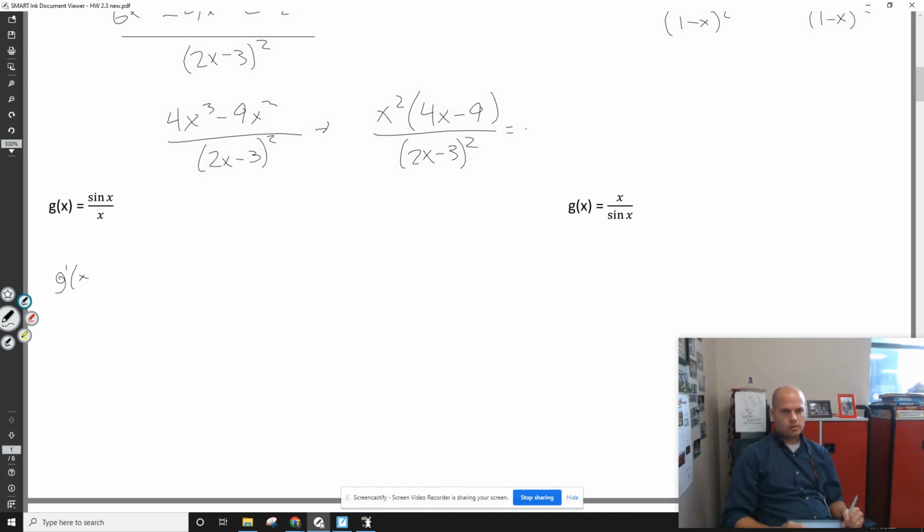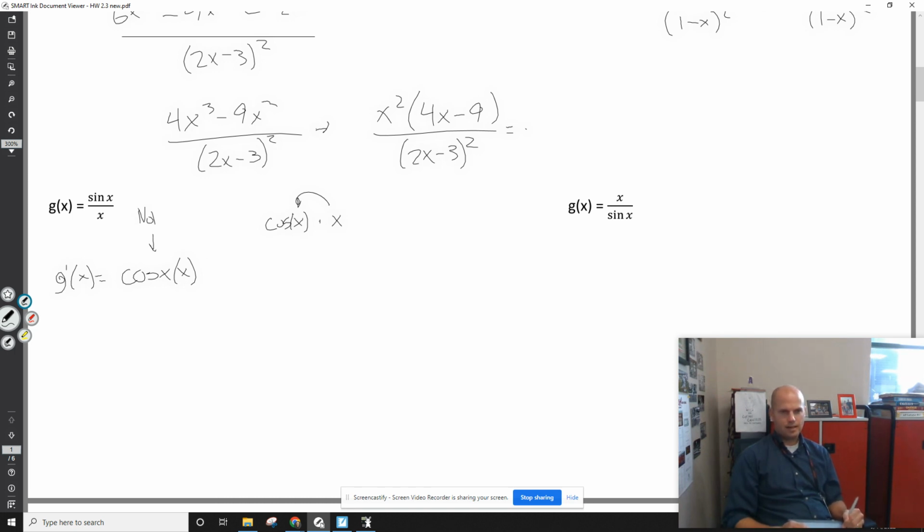Two more quotients: derivative of the top times the bottom. I use parentheses to denote multiplication. Know that you cannot multiply this x and this x. Cosine x, this x is trapped by the cosine, so think of it as being inside the cosine. You can't multiply this x and say this is cos x squared. Don't do that.